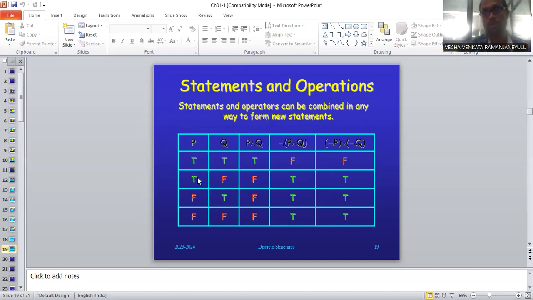Again, true occurs and false comes. After that I apply the OR operation. When false, false occurs in the OR operation, then negation P or negation Q is false. This is an example of statements and operations.